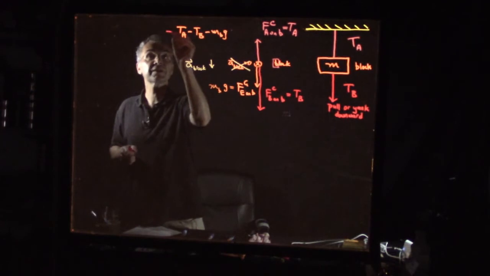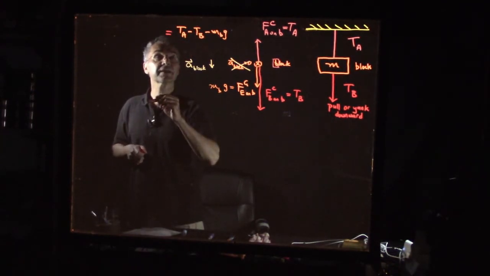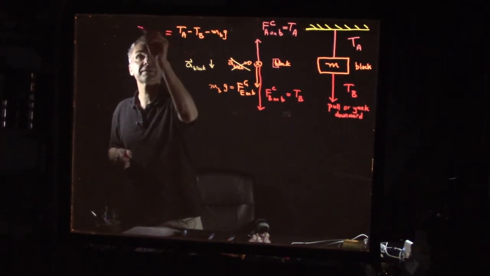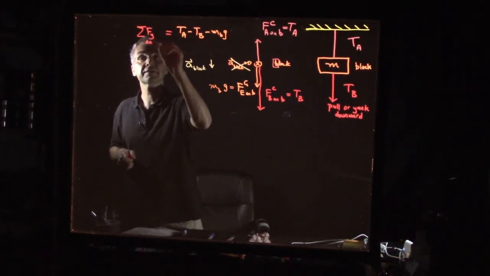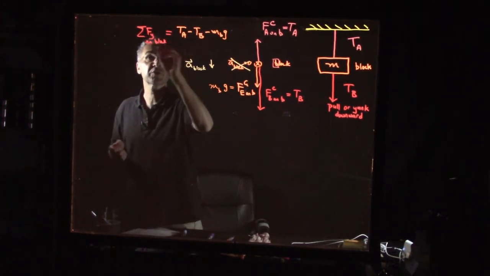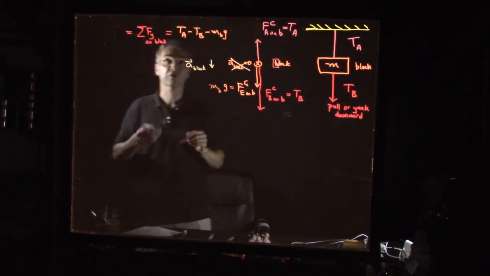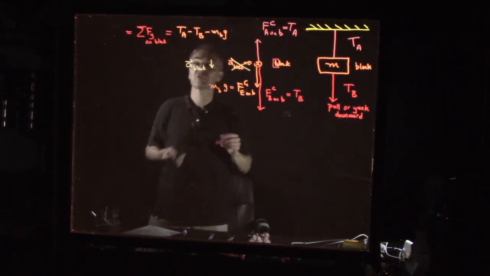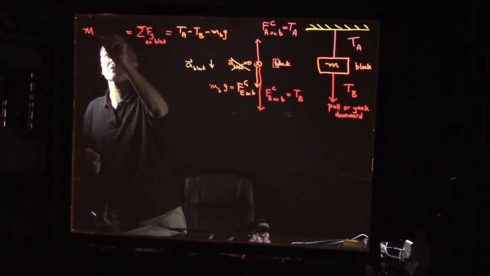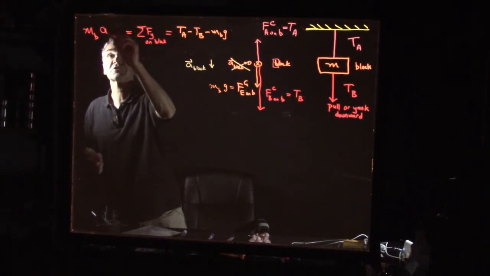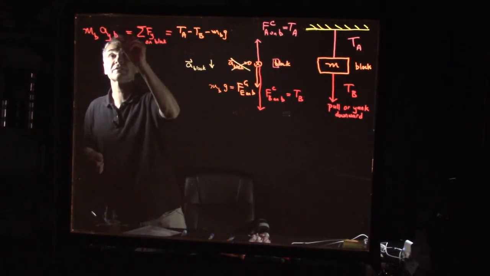So this is the sum of the forces in y on the block. That was true before also, except that the sum happened to be 0. And this is the mass of the block times the vertical acceleration of the block.